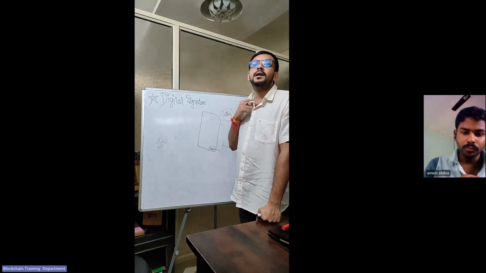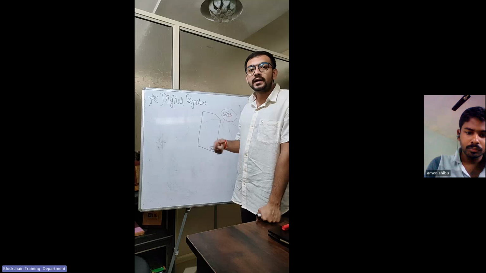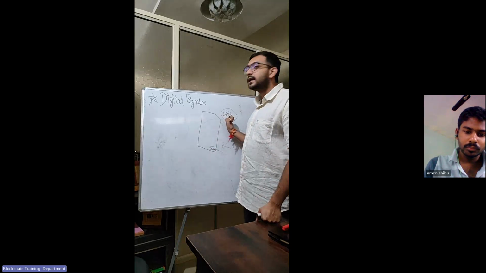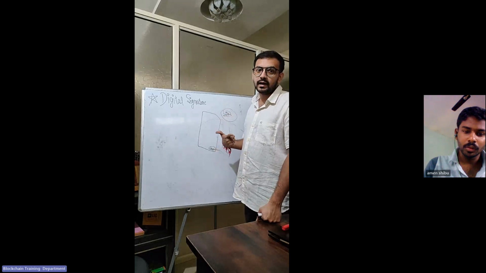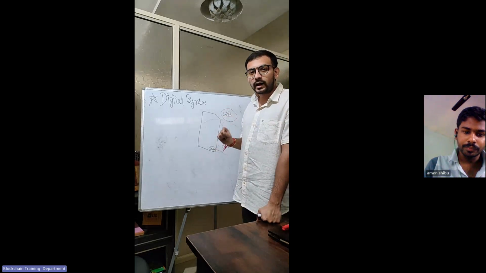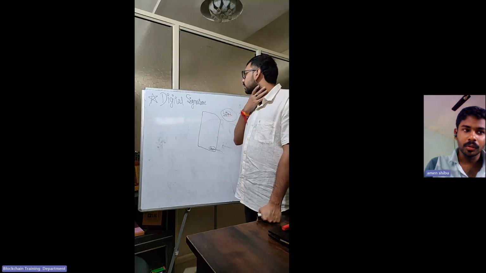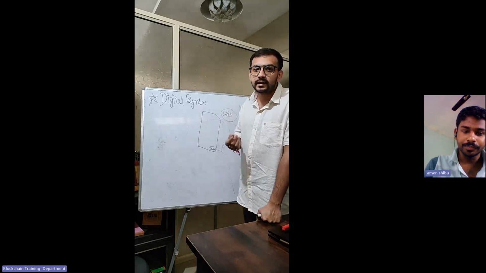Like this person has sent you this document by signing it, so that you can prove its authenticity, right? You got the word authenticity. So we can prove the authenticity of it.